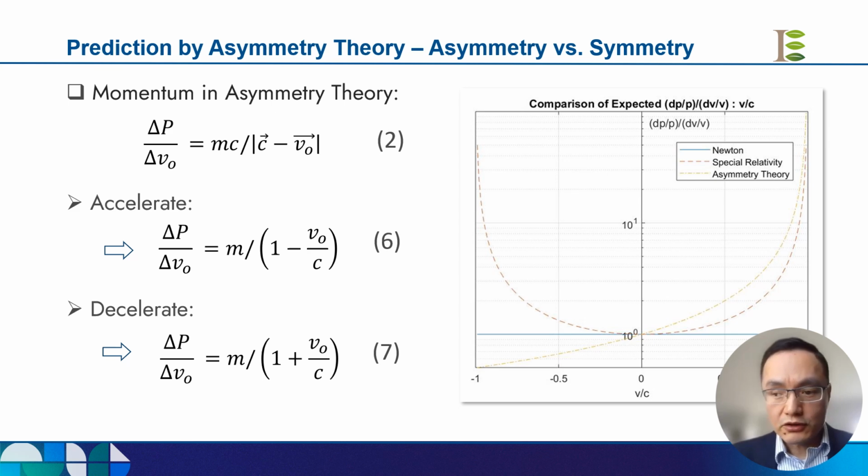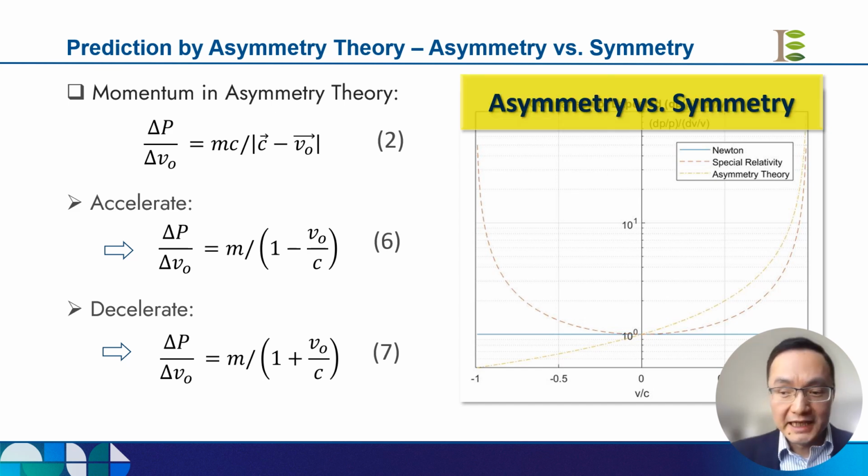This picture shows the difference of different theories. Newton predicts a constant ratio, while special relativity predicts a symmetric ratio, and asymmetry theory predicts an asymmetric curve of ratio change. So that is one reason that we call our theory asymmetry theory.